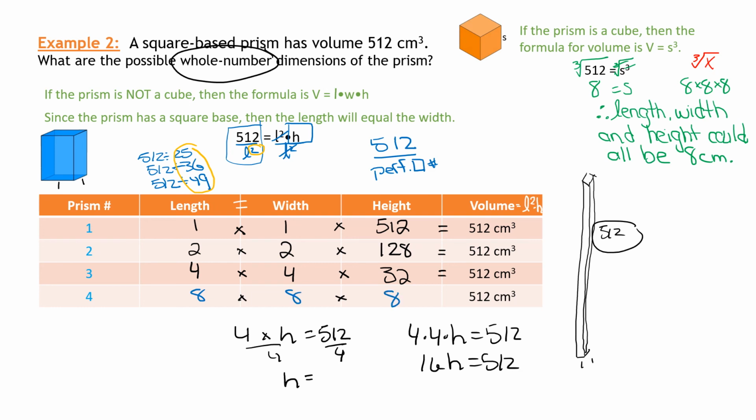So there's one more. When you're dividing by perfect square numbers, once you figure out the perfect square number, well, then you'll back it up to figure out what the length and the height are. So work on that and see if you can find one more, and press pause while you just work that out on your calculator, and then I'll put it on the chart here.